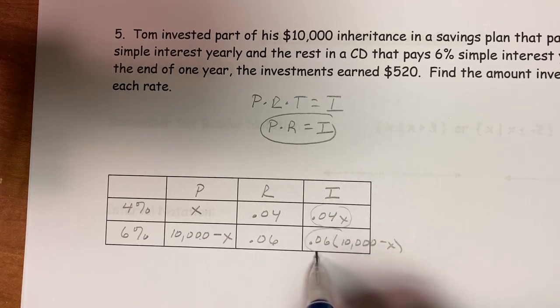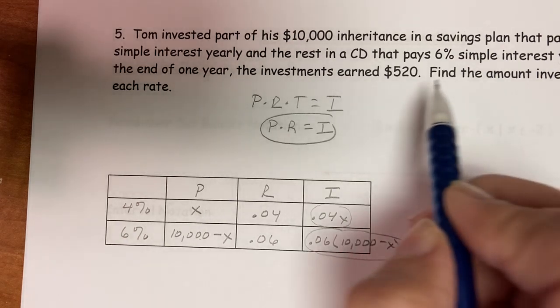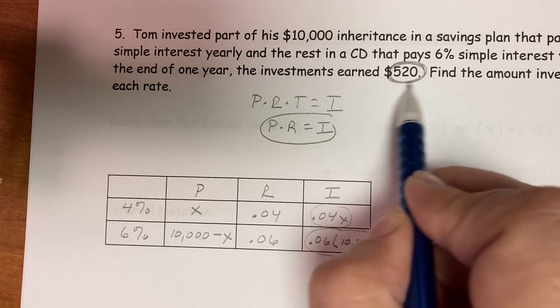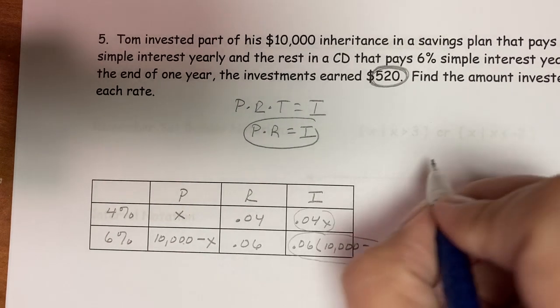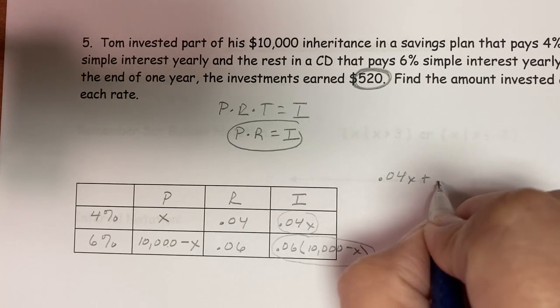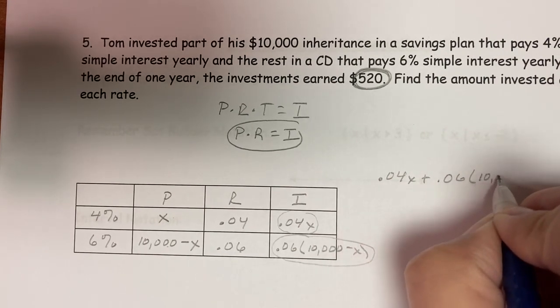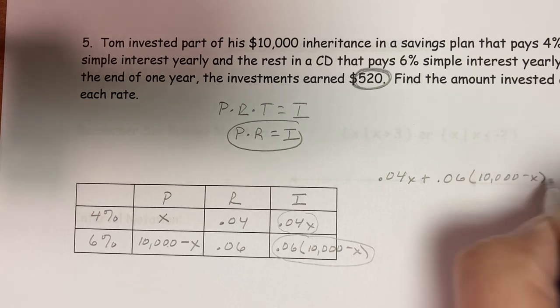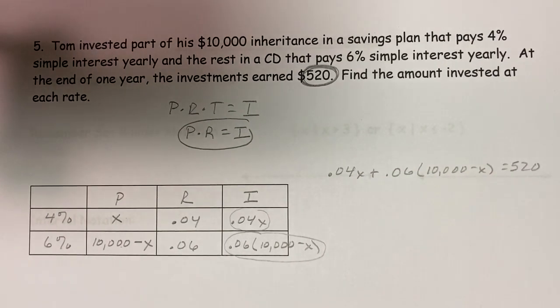This is the interest that he earned from his 6% account. He earned $520 total interest. So total would mean that we would add them together. So their total would equal $520.